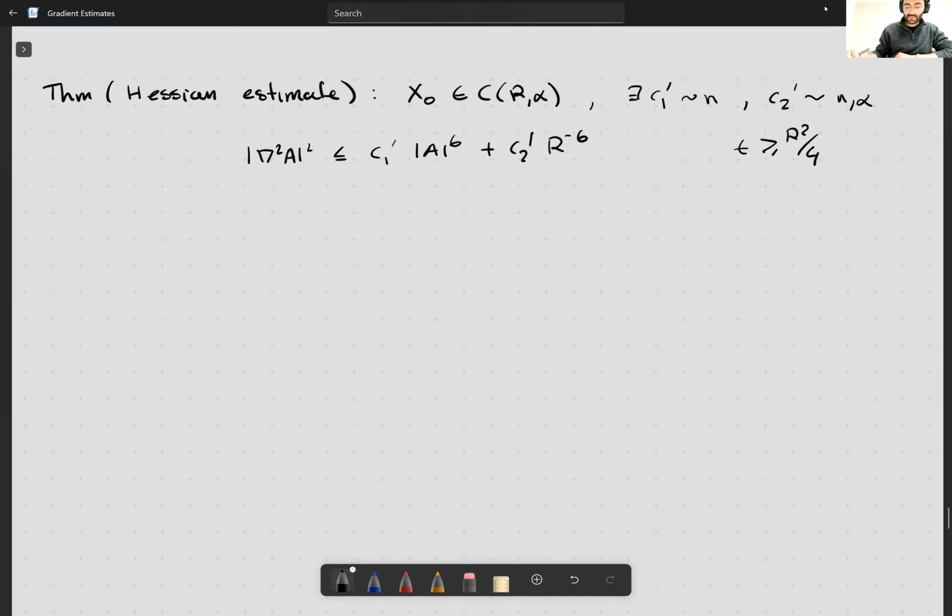So this is basically just another application of the maximum principle and then using the first derivative. And if you read this proof, you can use the same method in the proof of the Hessian estimate to also get the higher derivative estimates.